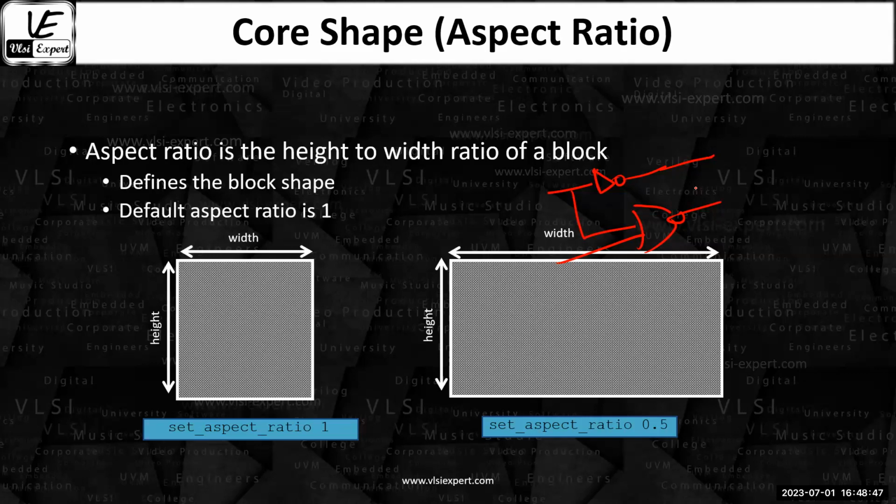But maybe there is a requirement to add a buffer here. But this buffer was not a part of your logic synthesis, because at that point everything you were doing was with respect to the logical part. But now you figure out, I have to add a buffer. Especially when we are talking about clock tree synthesis, to meet the clock timing, sometimes we have to add buffers.